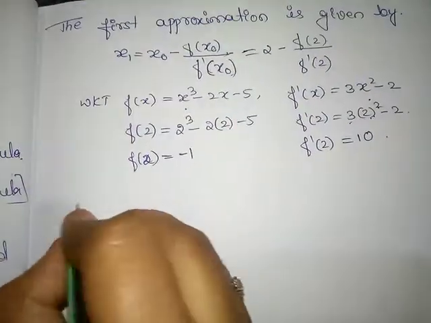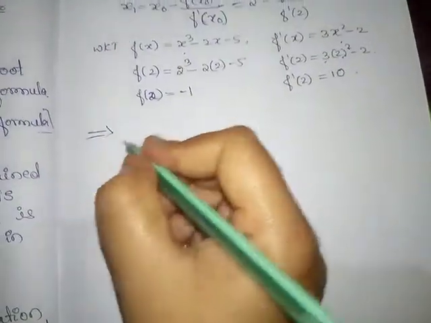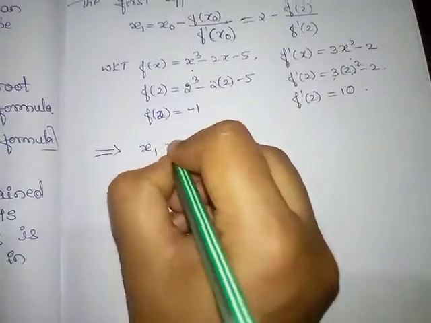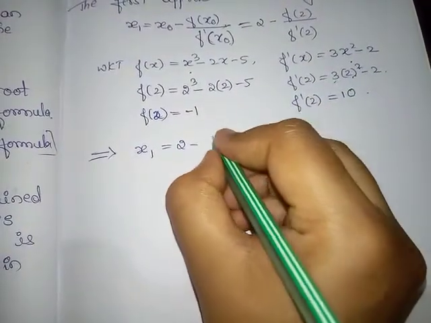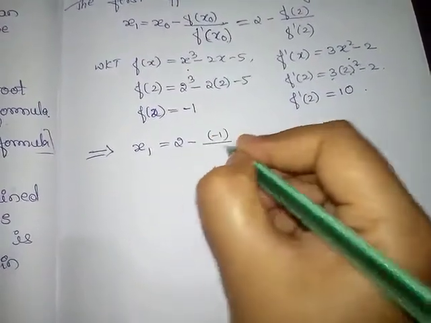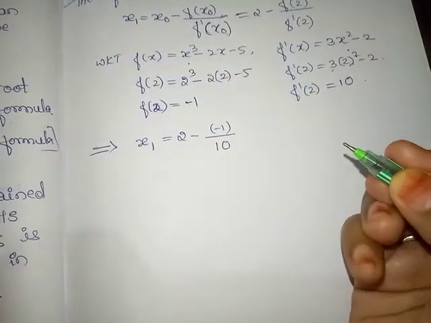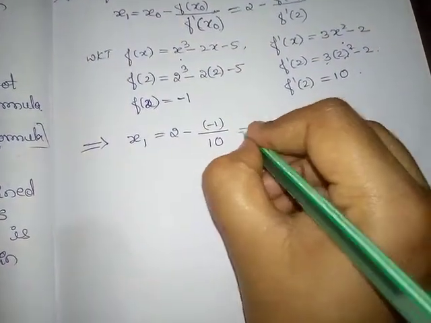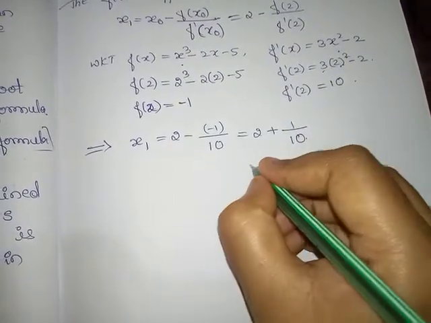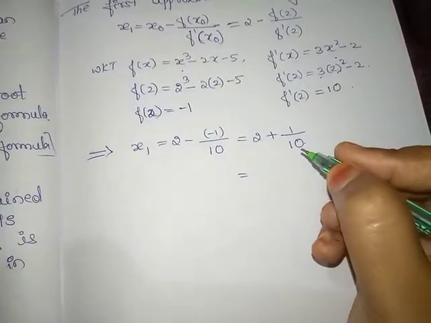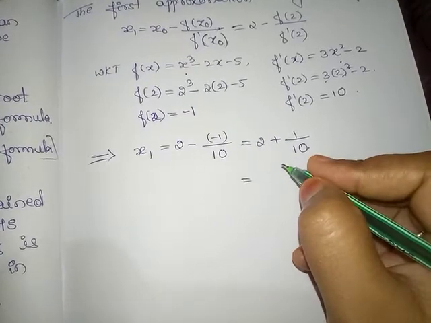Okay, now which implies x1 is equal to 2 minus (-1) divided by 10, which is equal to 2 plus 1 divided by 10.